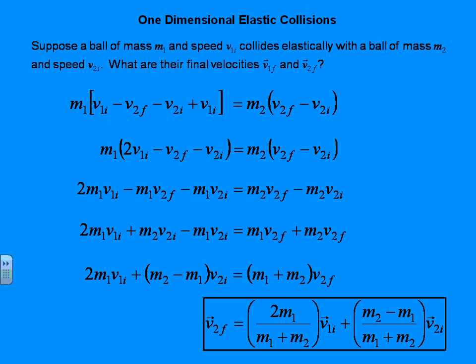The other thing that I learned back as an undergrad, if you want to try to memorize these, in case they pop up on a multiple choice question, if you take the first equation we had, the v1f equation, and you change every subscript from a 1 to a 2 and from a 2 to a 1, you get the other equation.